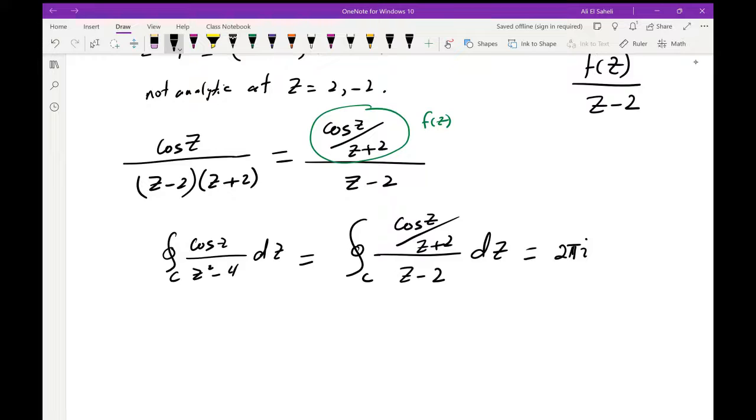So 2 pi i cosine 2 over 2 plus 2. 2 plus 2 is 4, 4 divided by 2 is 2, so we have pi i over 2 times cosine 2. This is cosine 2, not cosine squared. Whatever cosine 2 is.